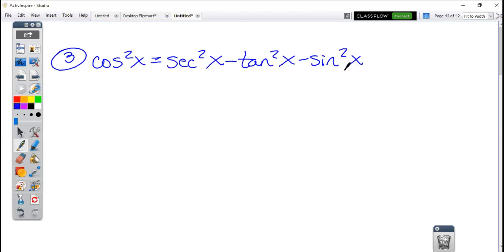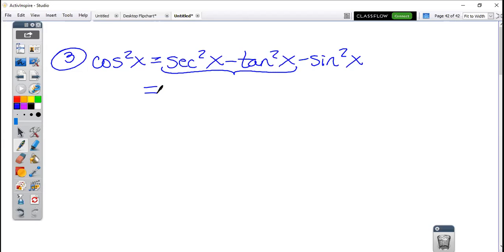So the suggestions were to change things to sine and cosine, but another suggestion was every time you see the squares, what do you need to concentrate on your formula sheet? Which group? The Pythagorean identities, 6, 7, and 8. Okay, so I want you to look at your Pythagorean identities, and there's one that deals with secant squared and tangent squared.